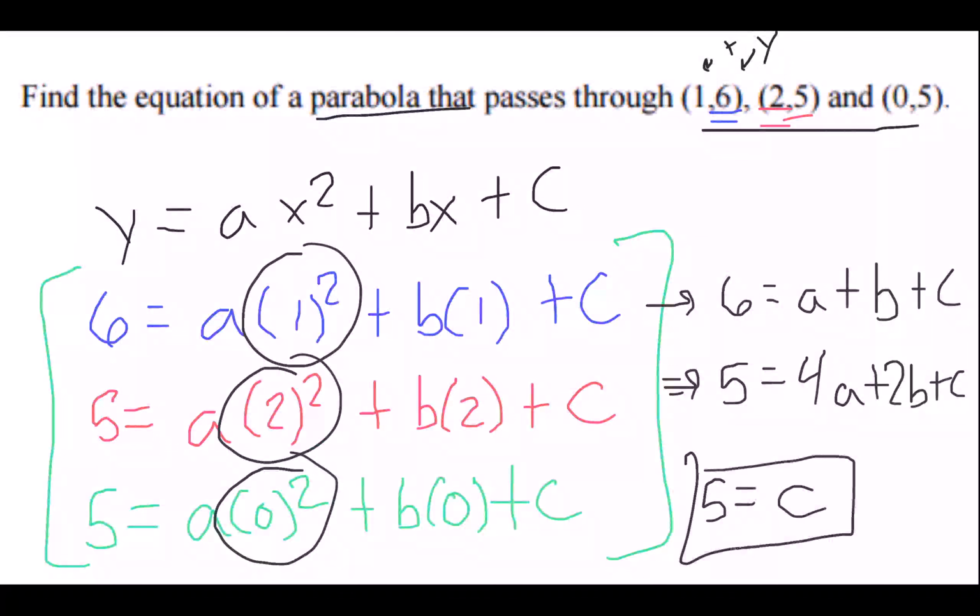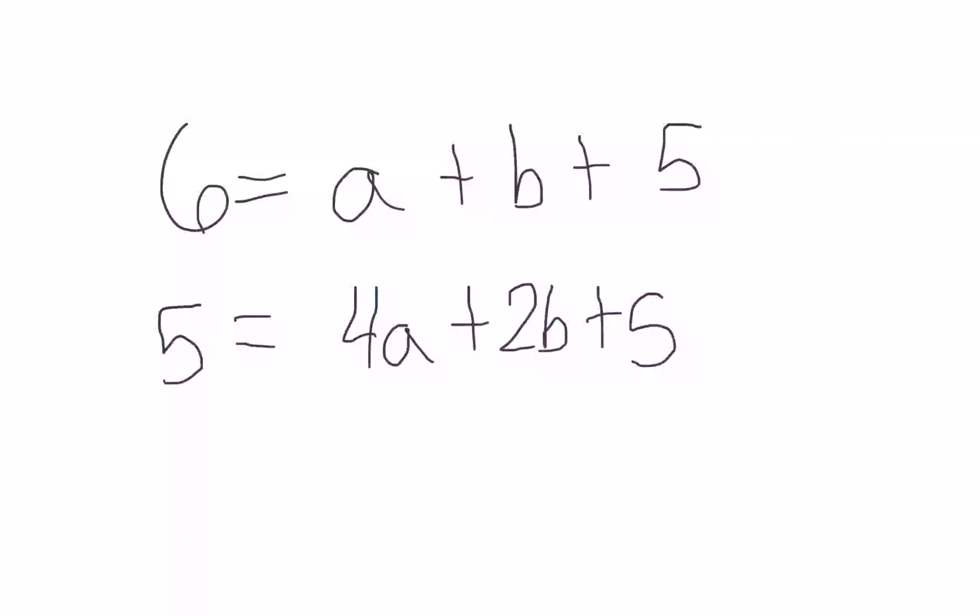The next part is that I already know one of these terms, so I can plug it in for both of the c's and keep solving. Okay, so this is what I get after I plug in c. Now to solve this I'm going to use elimination. To use elimination, I have to add the 2 things together, but I need something to cancel.